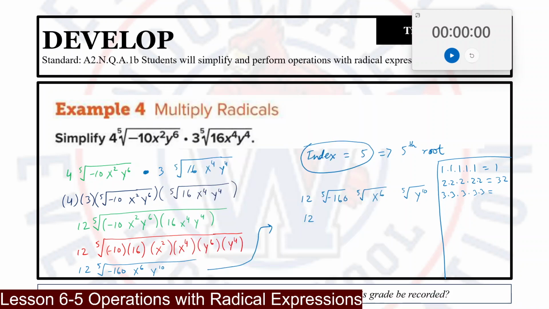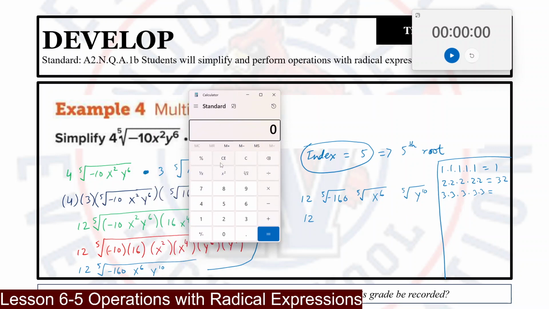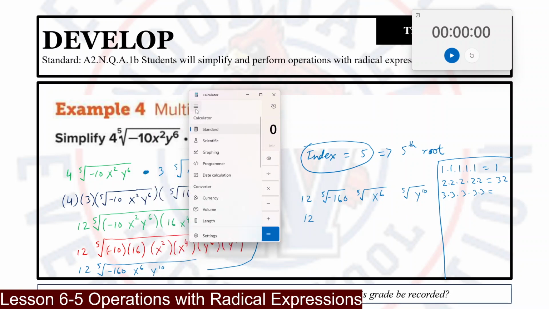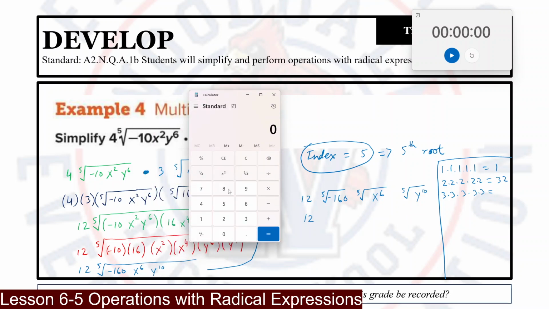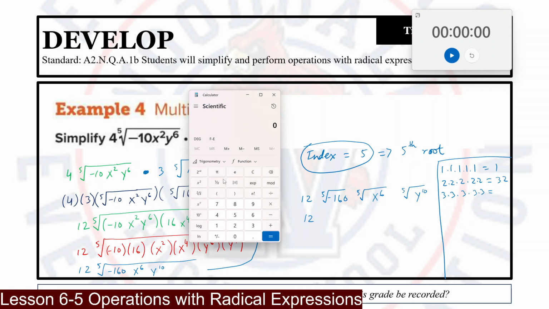Let's see if I can use my calculator. I don't have a power button, so I'm going to use a scientific calculator here. So I get 3 raised to 5 is 243.